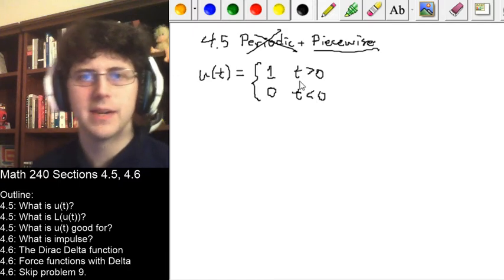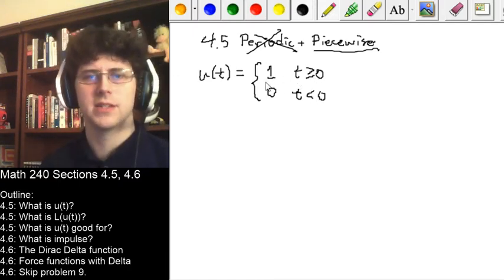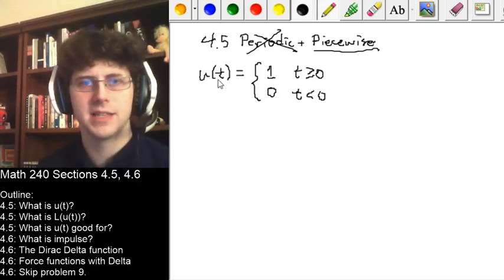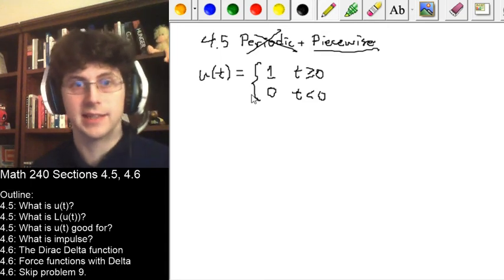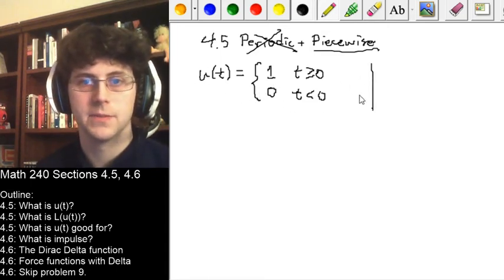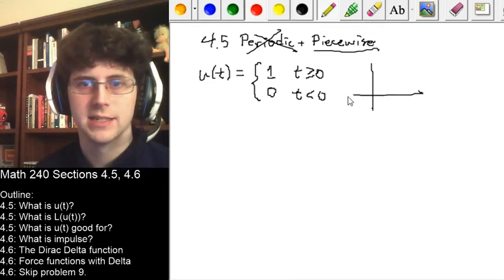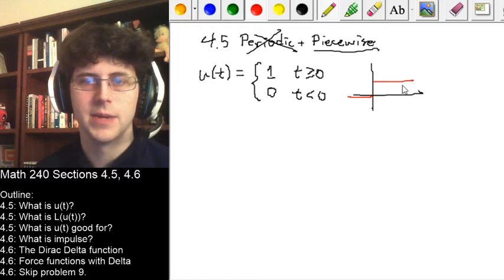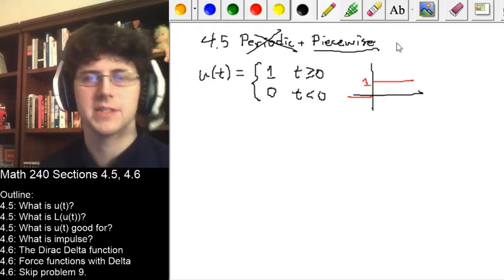It doesn't really matter what happens exactly at t equals 0, but we'll say that it's on at t equals 0. So you should imagine that u of t is a switch that's off, off, off, off, off, and then it turns on suddenly at a certain time. U of t turns on at time t equals 0. So the graph is pretty simple. It's 0 forever, and then suddenly 1. There we go. Hopefully you can see this.